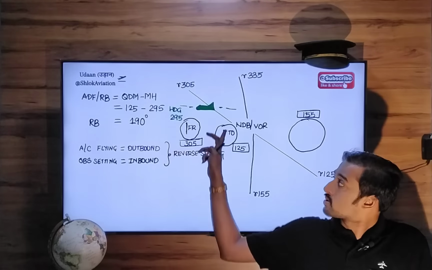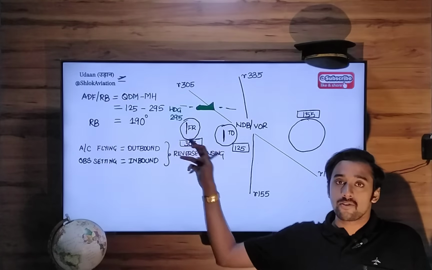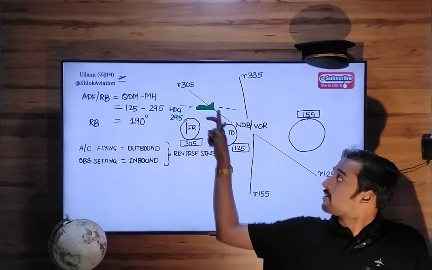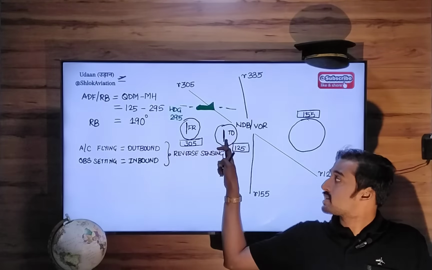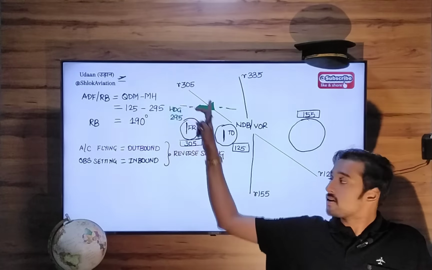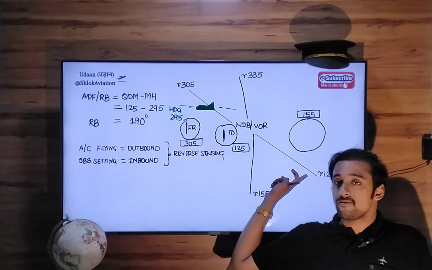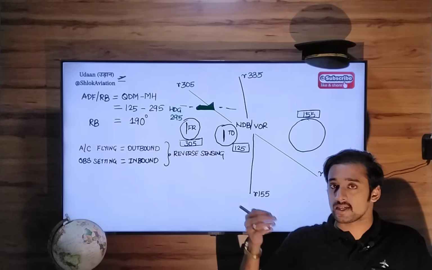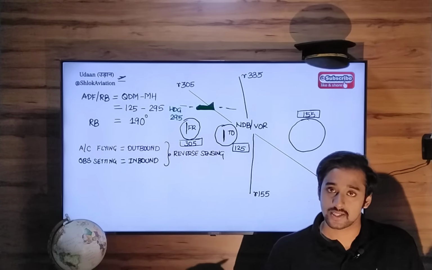Now you are going outbound, so this will give you normal sensing. If you are going inbound towards the VOR, this will also give a normal sensing. But if you are going outbound and you have put this 125, that is inbound setting, so that is also an example of reverse sensing.